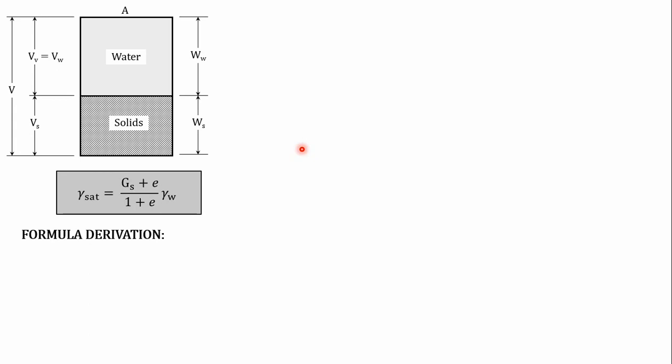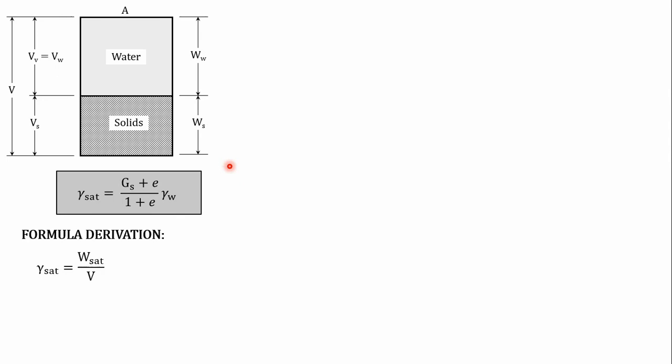Okay, so paano na-derive tong formula na to? May formula siya na saturated unit weight is equal to Gs plus e over 1 plus e times unit weight of water. Paano na-derive tong formula na to?